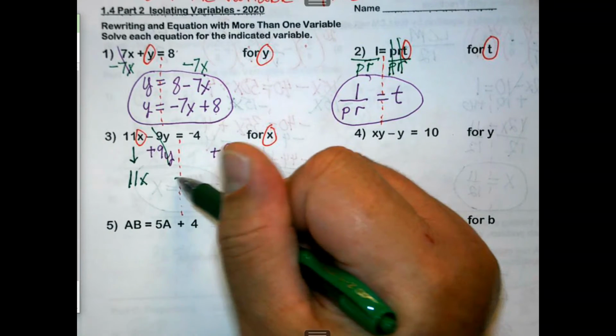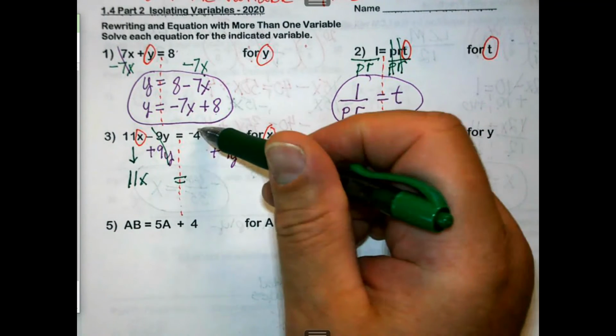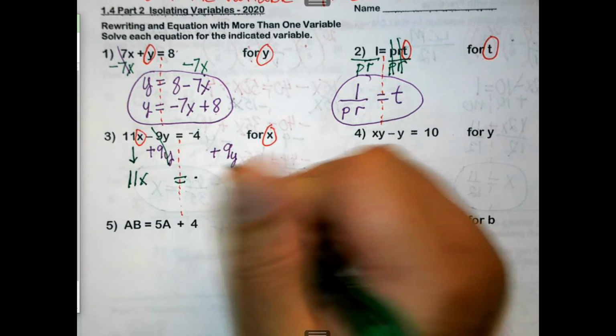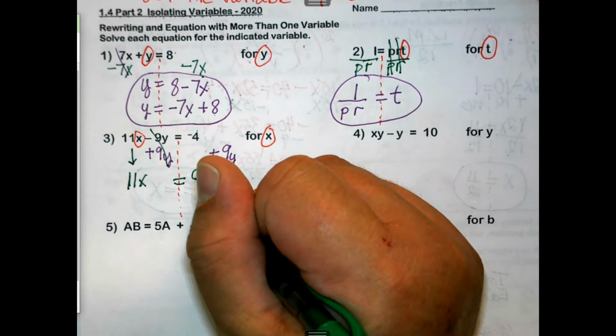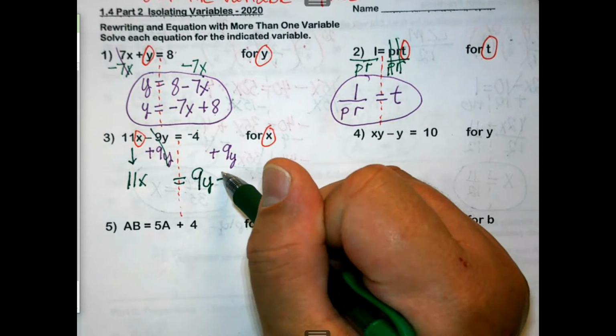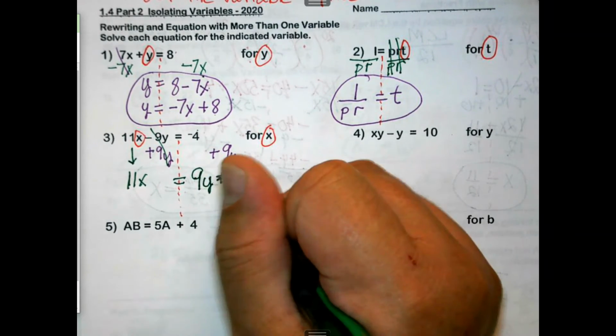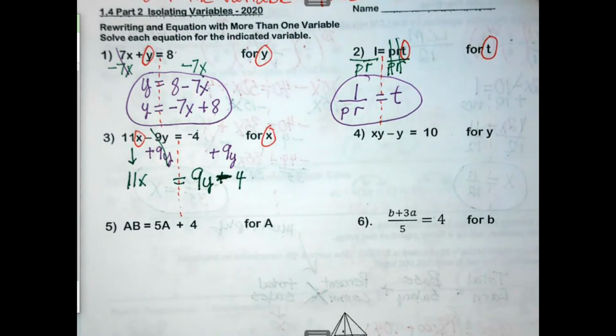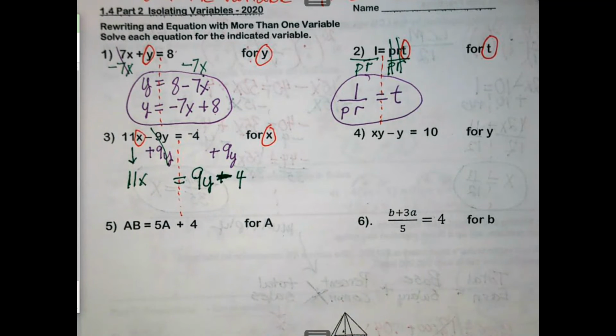My equal sign. And I have negative 4 plus 9y. I like keeping things in order. So I put 9y plus, or actually it's a minus 4. If you put negative 4 plus 9y, you're good.